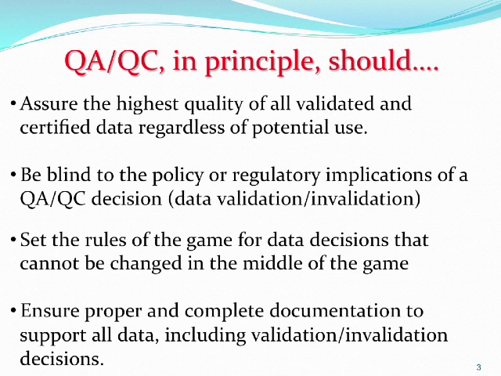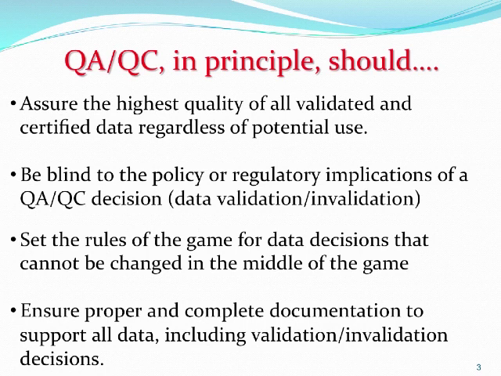And I understand QA/QC. I was, for a short time, in charge of the QA department at South Coast. So in principle, QA/QC needs to be blind, needs to be independent, assure the highest quality of all validated and certified data, regardless of how it's going to be used. You shouldn't necessarily be thinking about the implications of a particular QA decision, whether you're validating or invalidating a data point, because you should be blind to that.